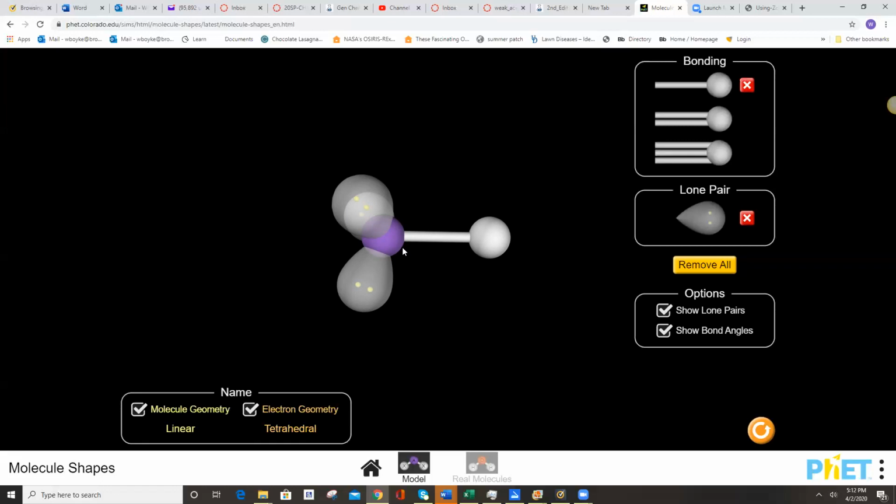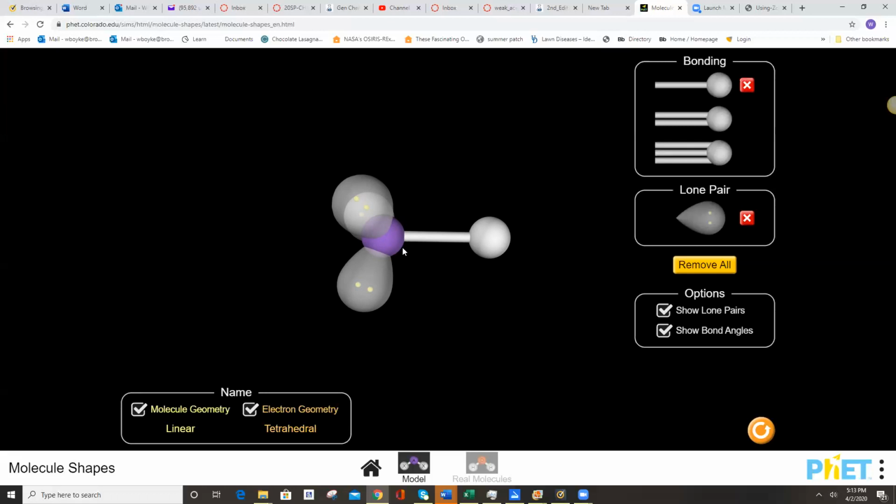The second thing that you want to already be starting to grasp from this is that whenever there are no lone pairs, and we did 3 examples with no lone pairs, the BeH2, the BF3, and the CF4, all of those had no lone pairs on the central atom.